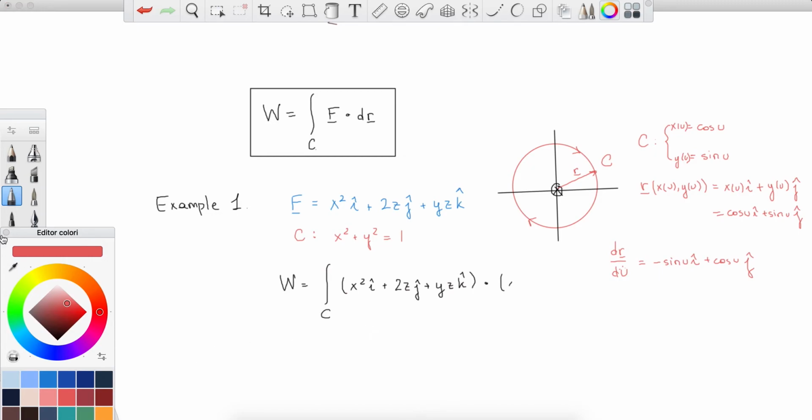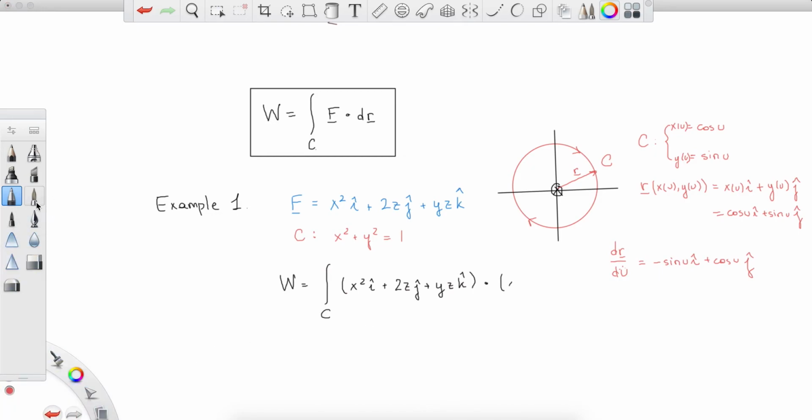So we get negative sine of u i plus cosine of u j. And what are we integrating with respect to du? Alright, why?